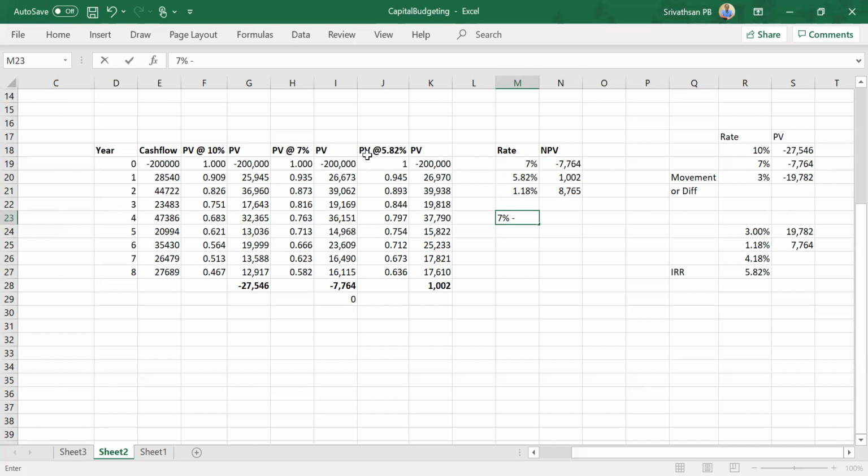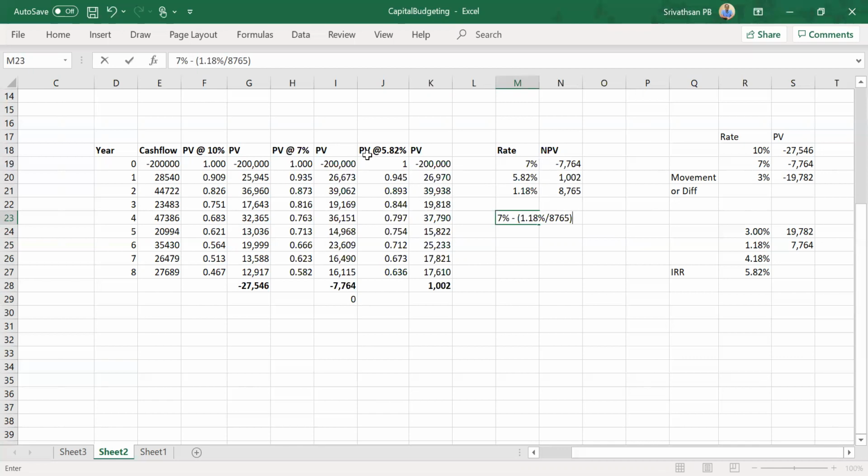So before that, the total movement of 1.18% is for how many rupees of change? 8,765 change. So for every percentage point, what is the rupee change?